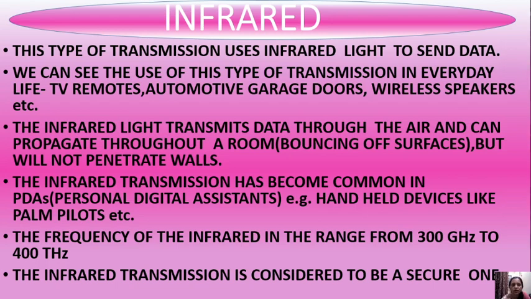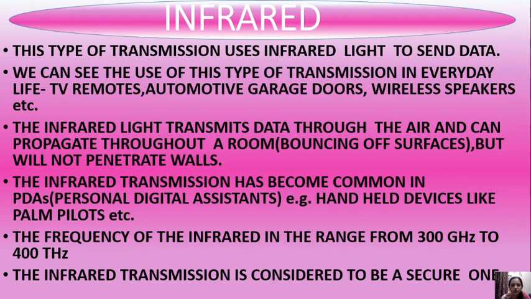The infrared light transmits data through the air and can propagate throughout a room, bouncing off surfaces, but will not penetrate walls. So we can say infrared waves cannot penetrate the walls, and therefore the infrared communication in one room cannot be interrupted by the nearby rooms.